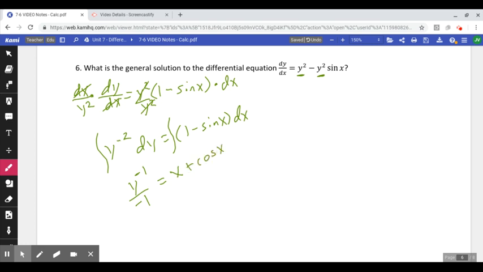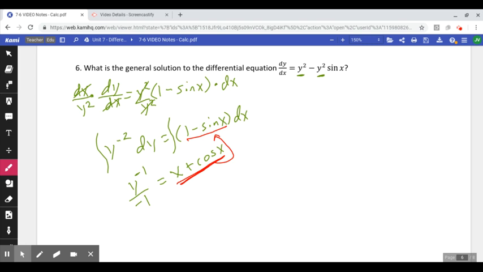In my head right now, what I'm doing is finding the derivative of what I wrote down, and hopefully I wind back up with my 1 minus sine x. So I'll underline that for you because you can't see what's going on in my head. So we've got the x plus the cosine of x right here. If I take the derivative of this, I should wind up right back with 1 minus the sine of x.